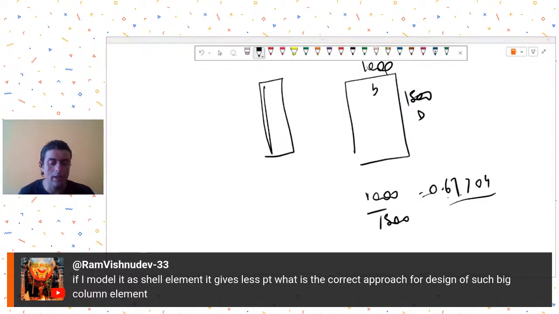So technically you're allowed to have it as a line element if you just read the codal requirements, because the code says that if your B by D ratio is less than 0.4, then you should consider it as an RCC structural wall. Otherwise you're allowed to consider it as a column or a line element. So he has made a very appropriate observation.